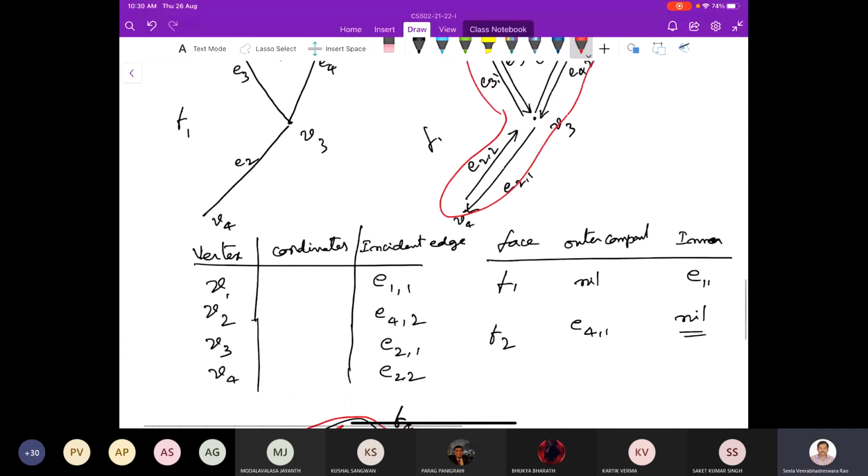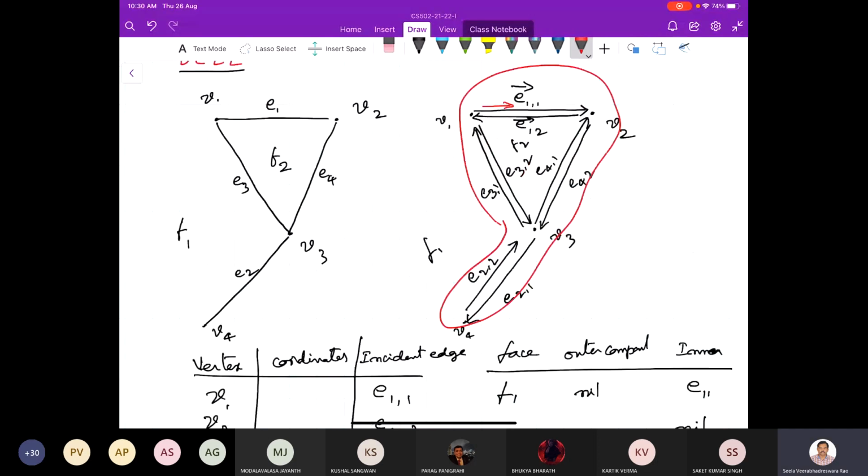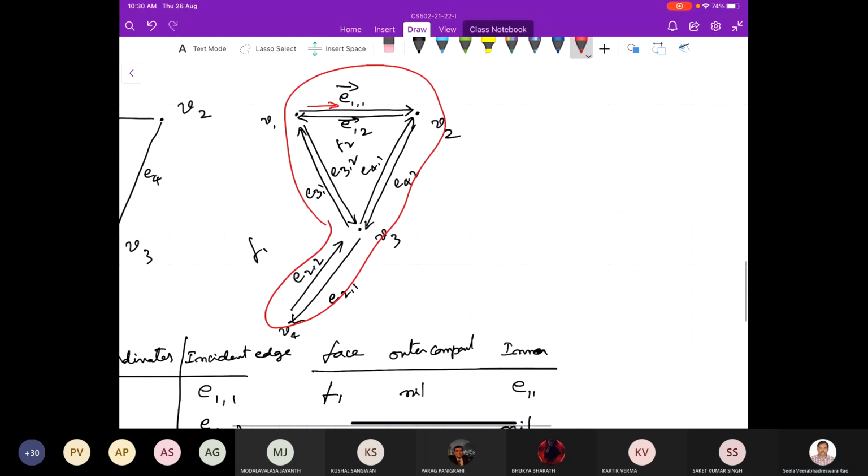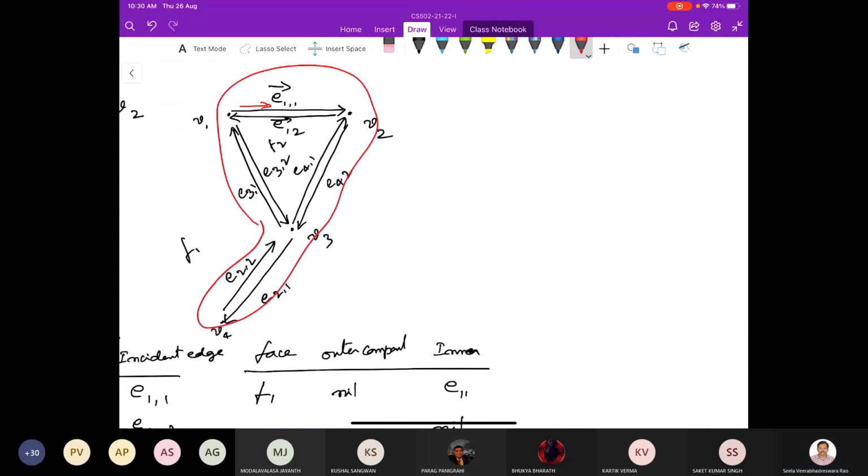So now we look at the record corresponding to edge. So the vertex record and face record are very simple. All the complexity is in the edge records. Okay. So let's take this edge. Okay. So we have one record for each off edge. Let's take the first off edge E11. And for this edge, what is the origin? Origin is P1.